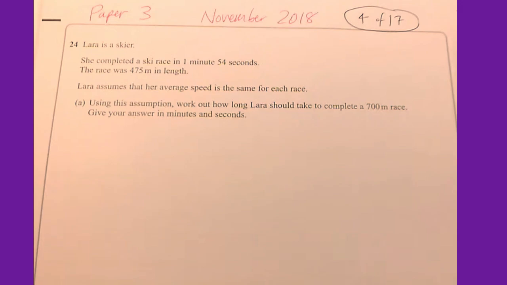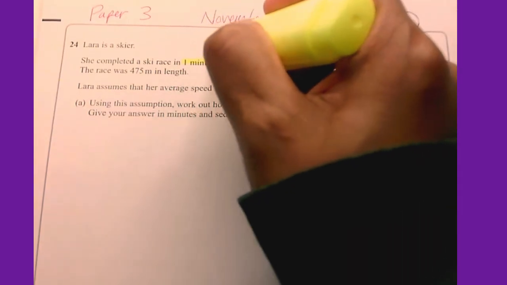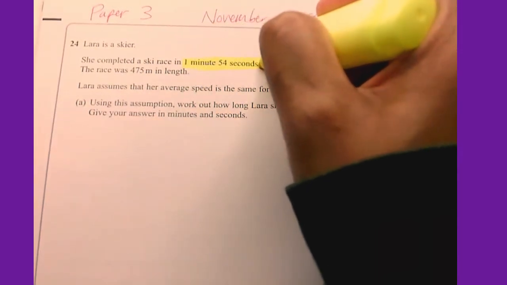So have a think about how we do this question. There's lots of information there. Press pause and have a go. When you're ready, you go through the answer. Okay, if I highlight key information, I've got Lara is a skier. She completed a race in 1 minute and 54 seconds.